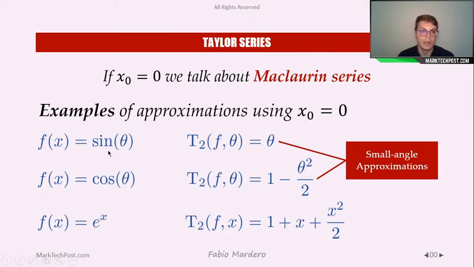In fact, when theta is equal to 0, the sine is 0, and so the approximation is exact. If we move a little bit farther from 0, then we get this approximation. With the cosine, instead, we have the Taylor polynomial of degree 2 that is equal to 1 minus the angle to the power of 2 over 2.